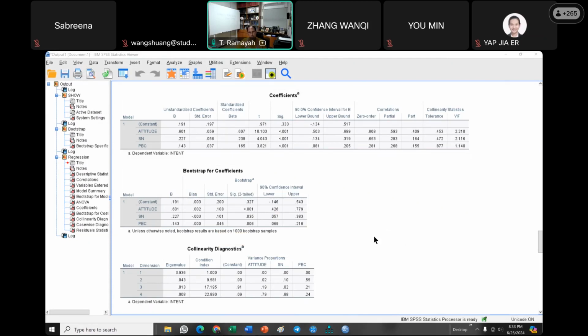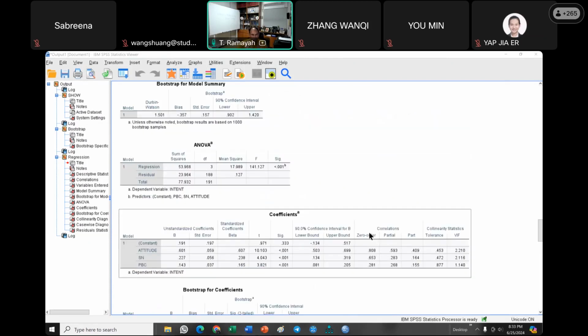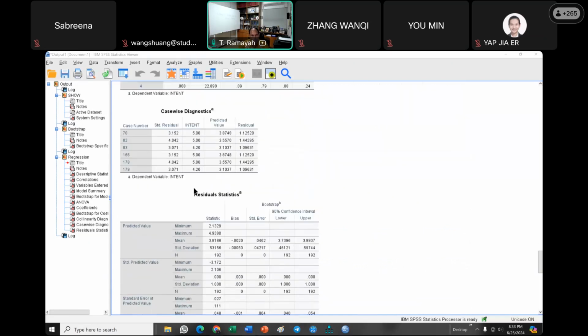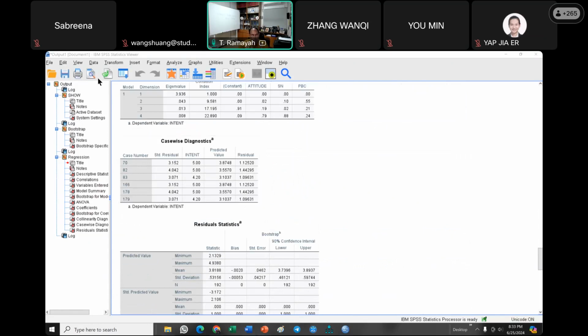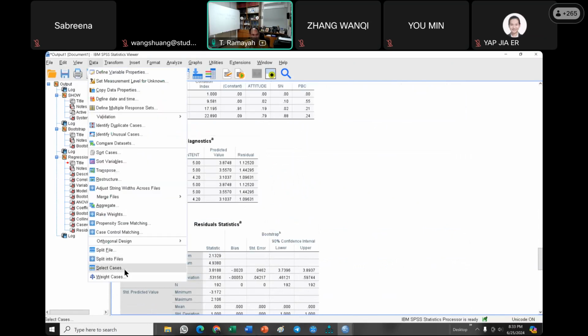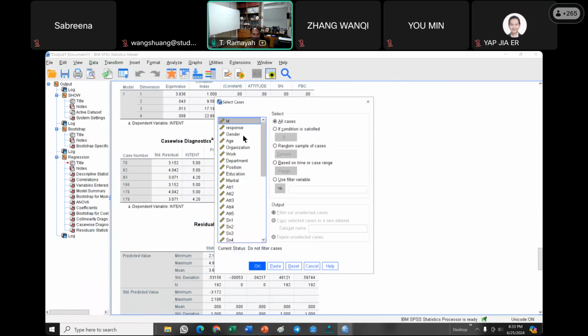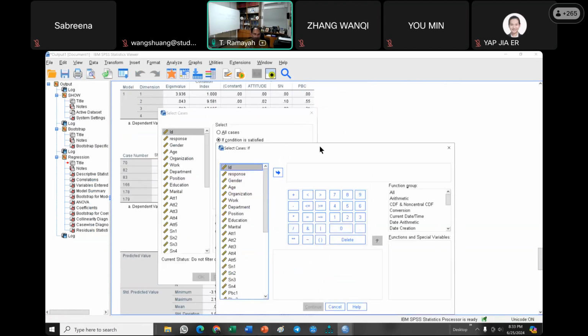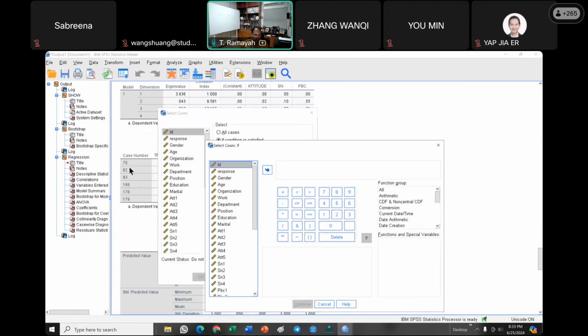And how to remove the outliers, I've already shown in earlier classes, right? Outliers are something like this. So if you want to remove case number 70, you go under Data, Select Cases. Then you select the If condition, and pull this a bit so that you can see. We want to remove case numbers 70, 82, 83, 166, 178, and 179.